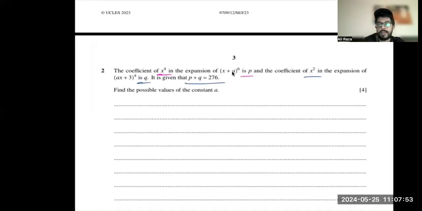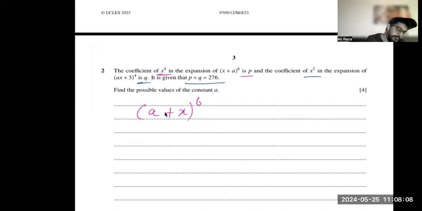Okay, so we need the x power 4 term in this. If we convert this into (a plus x) power 6, there's no change in the expansion.